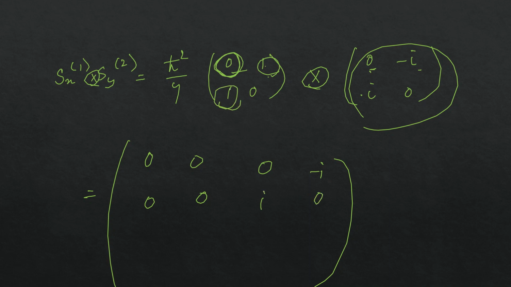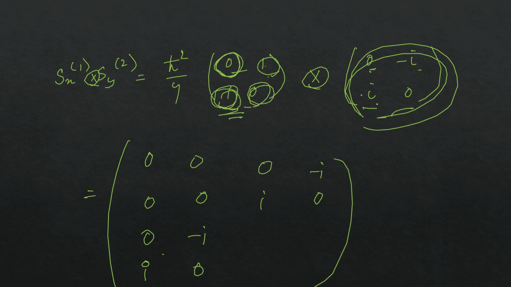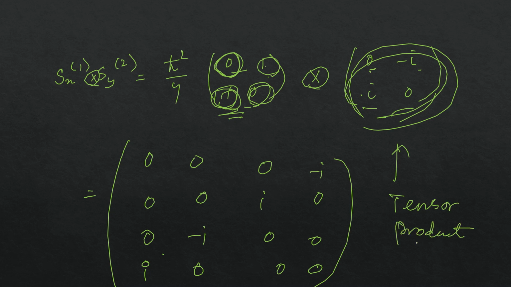Now this other 1 will be multiplied with this and placed in that place: 1 into 0 is 0, 1 into minus i is minus i, 1 into i is i, 1 into 0 is 0. Now this last 0 will be multiplied with the whole thing again, giving 0. So this is called your tensor product. Is it clear?